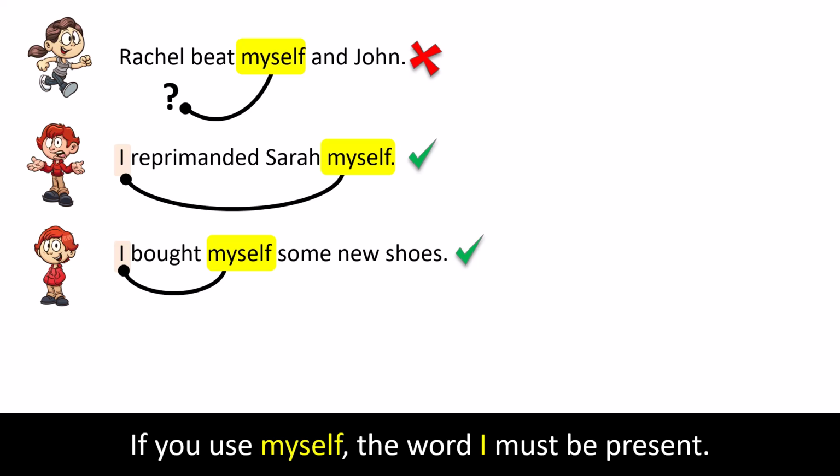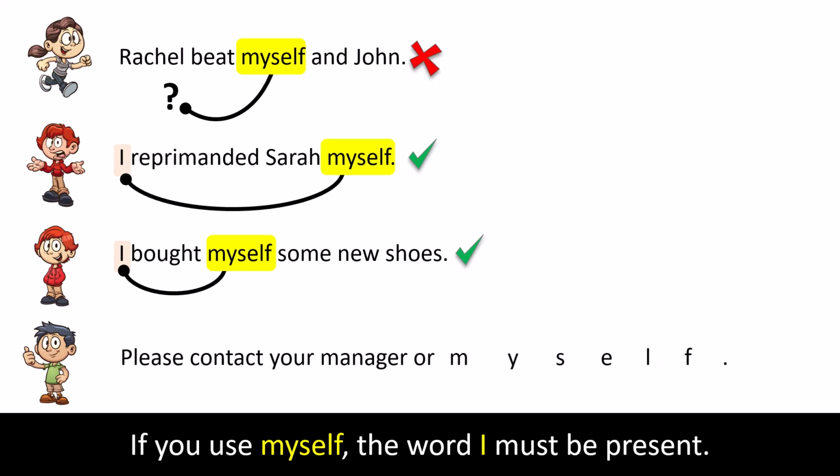Let's put up a similar example to the opening example. Please contact your manager or myself. Well, here we have myself, but there is no word I for it to refer to. So this must be wrong. And it is wrong. This is an imperative sentence. That is a sentence that gives an instruction or an order.